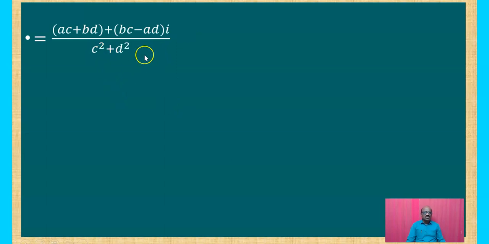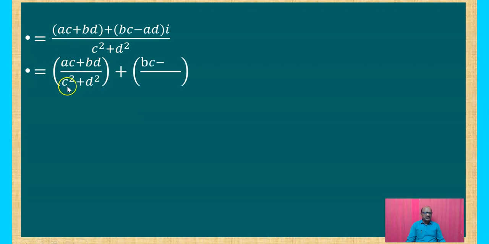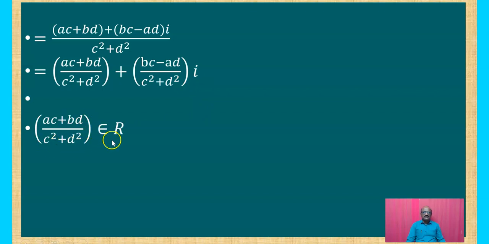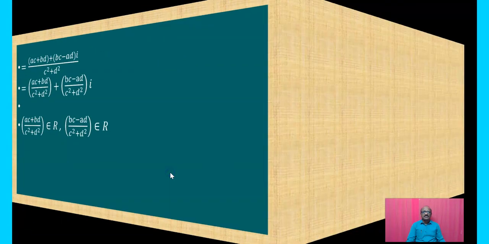And here is c square plus d square. Separate it: ac plus bd upon c square plus d square, plus bc minus ad upon c square plus d square, bracket complete, into i. Therefore, ac plus bd upon c square plus d square belongs to the set of real numbers, and bc minus ad upon c square plus d square belongs to the set of real numbers.